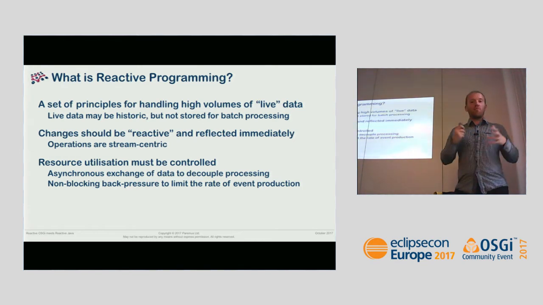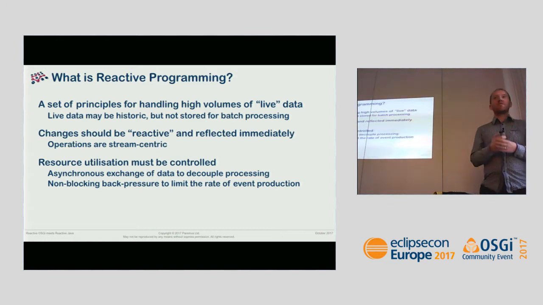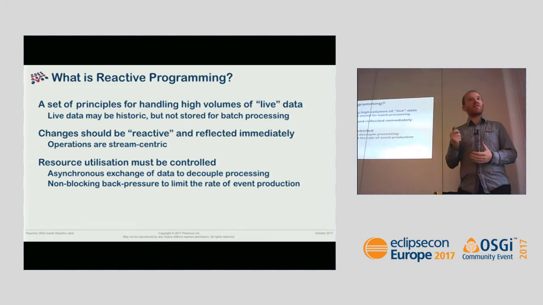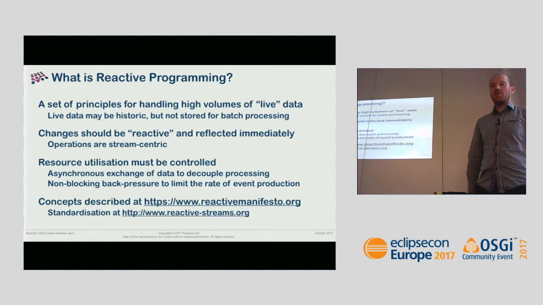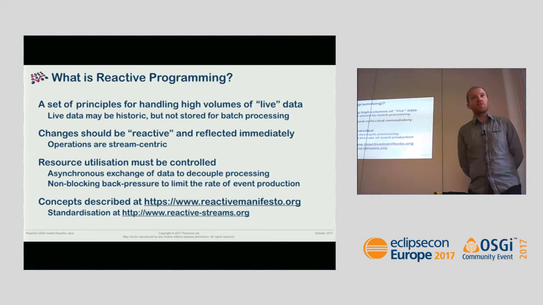You can't just block the thread and say, I am going to prevent you from sending me more data by stealing your thread. That's not allowed. That's not reactive. Reactive is about saying to them to slow down, but being prepared to cope with the fact that they might not. And the Reactive Manifesto has lots of stuff about this, as does the standardization effort, which is at Reactive Streams. These are places you can go to look up more about reactive programming in general, if that's your interest.